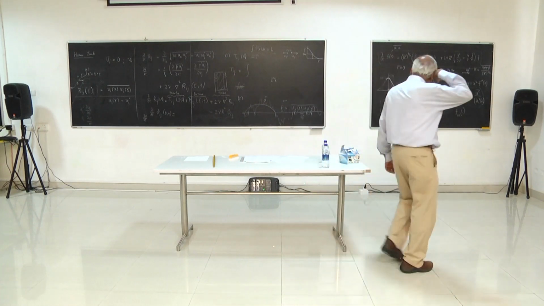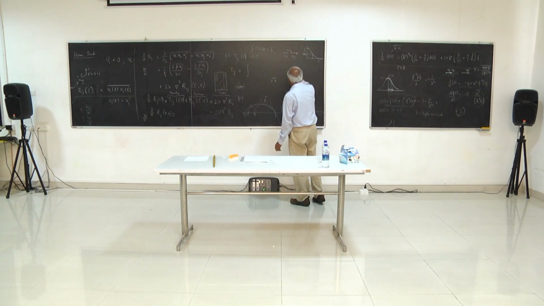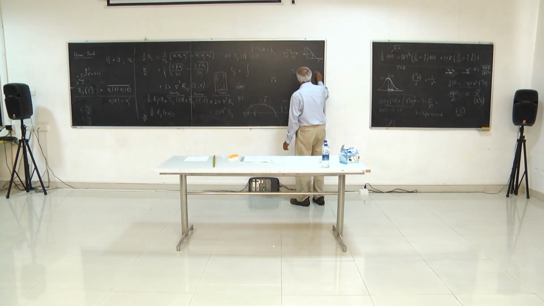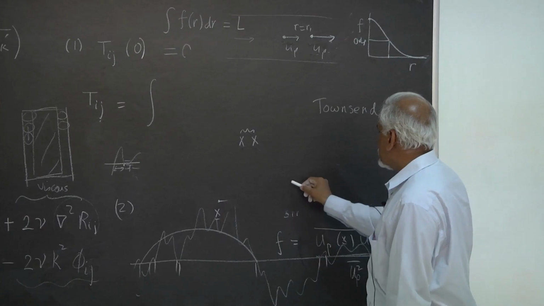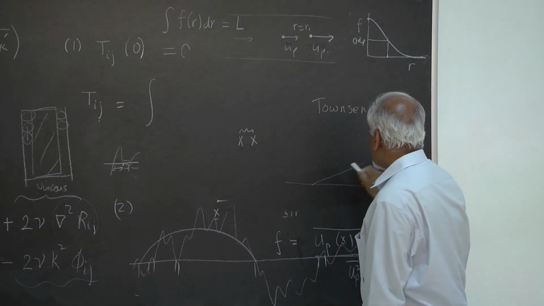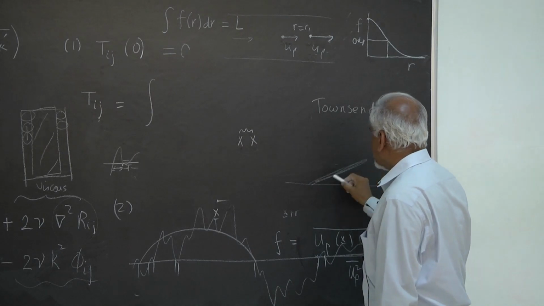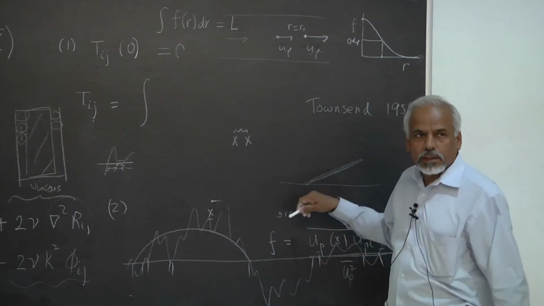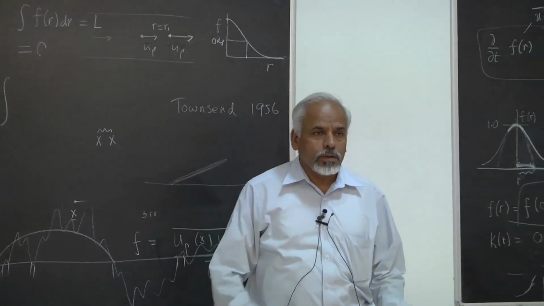And if you look at Townsend's book, 1956 or thereabout, the first chapter is about correlations, and later on he deduces a structure which has this feature near the wall. He infers a structure like this, and it is all deduced totally by correlations.